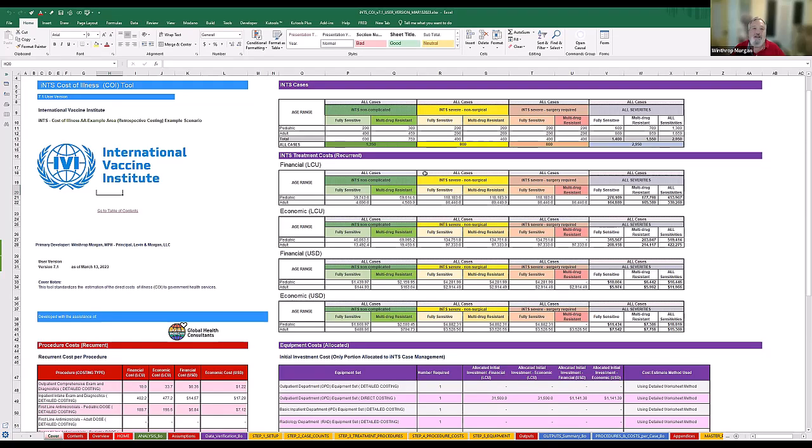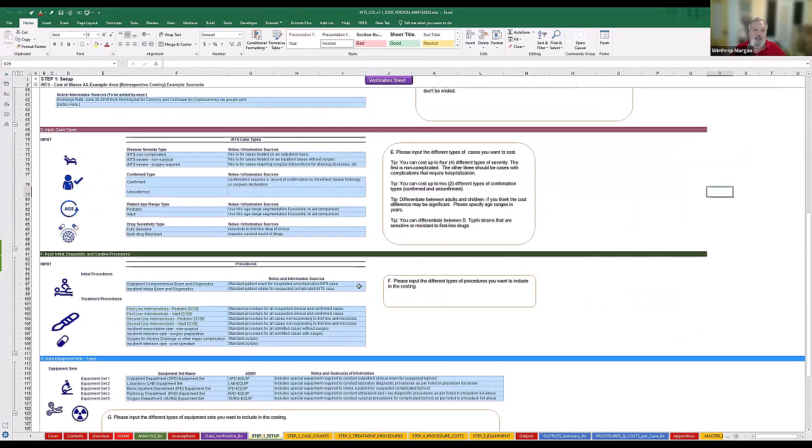But then as I thought more about it, I thought, well, when people are treating their patients, they treat them according to guidelines for pediatric and adults. So maybe it would be better if we change the case description to pediatric and adult.